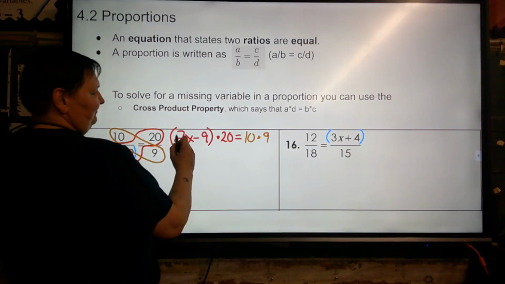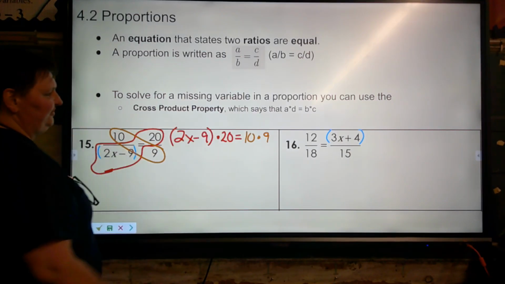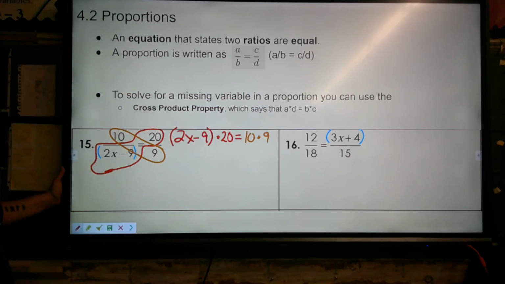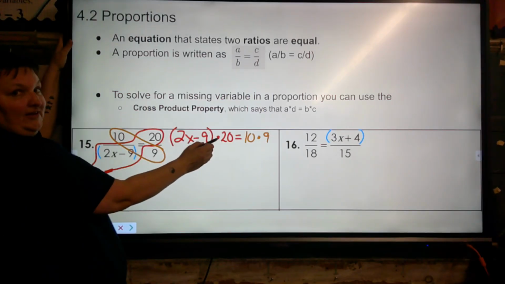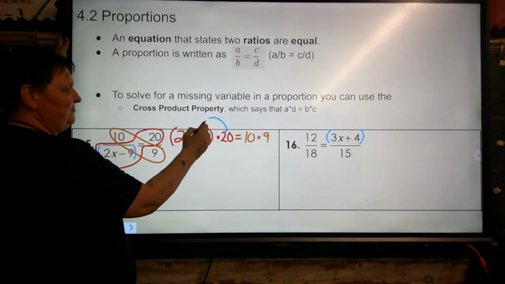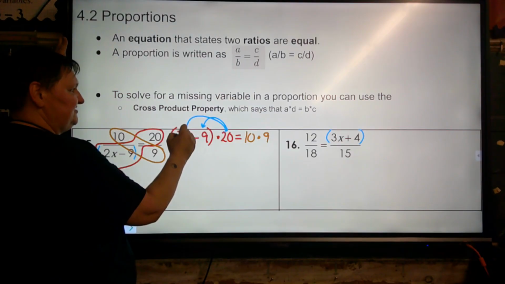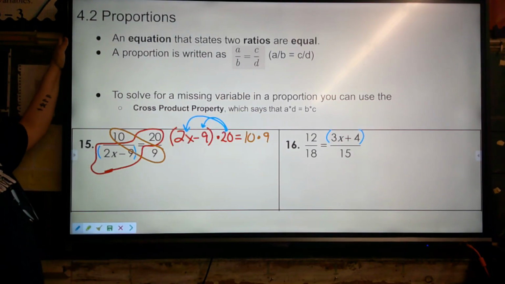So how are we going to do that? You have a group times 20. Distributive property says if there's something outside the parentheses, I can multiply it by what's inside the parentheses. I can distribute it. Remember distributive property?